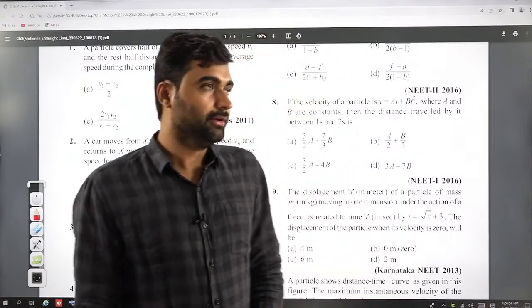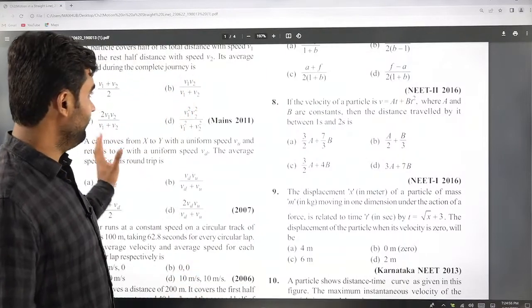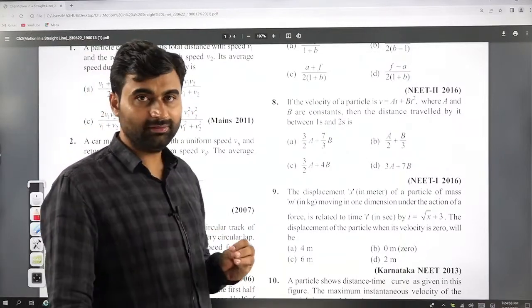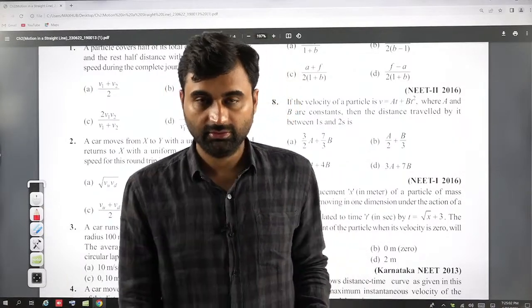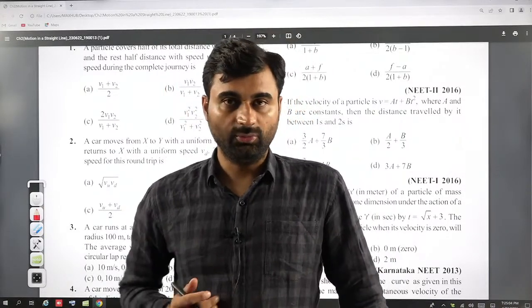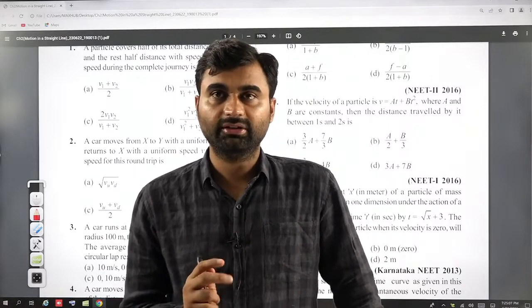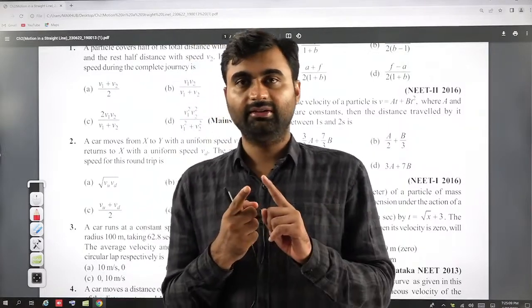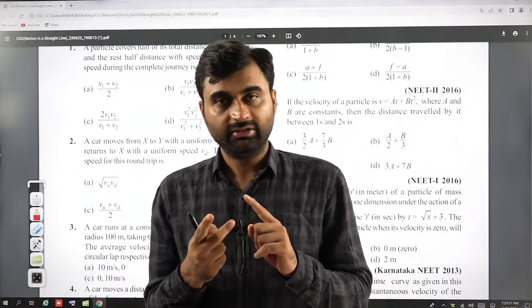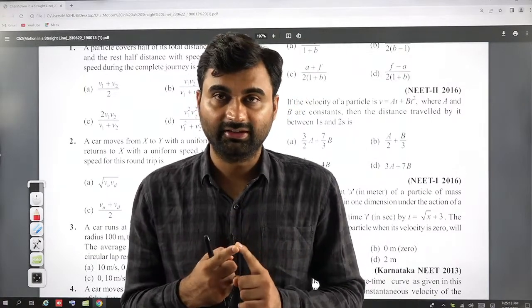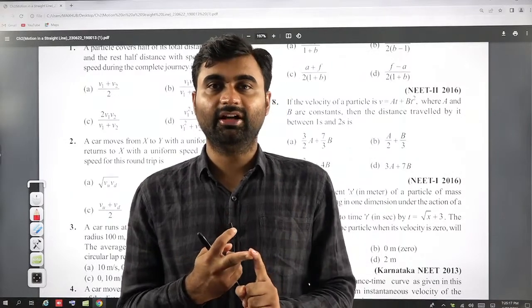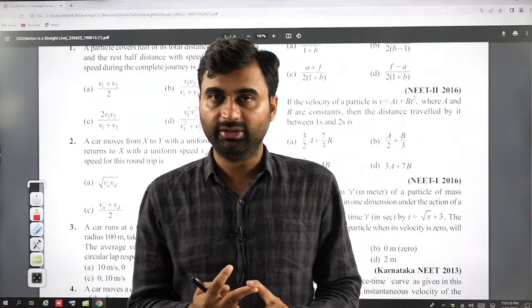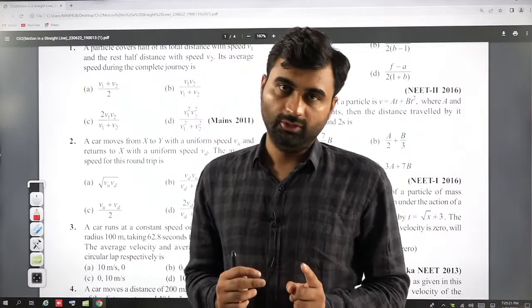Okay. So I explained to you the concepts of graphs. Now I am summarizing this topic. What you have to remember in graphs: if a distance-time graph is given, then the slope of the distance-time graph is speed. If a displacement-time graph is given, then the slope of the displacement-time graph is velocity.